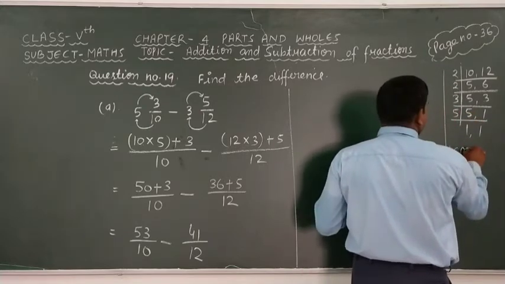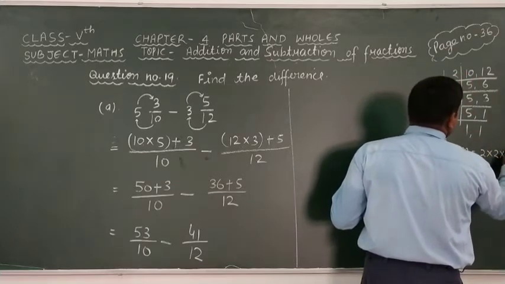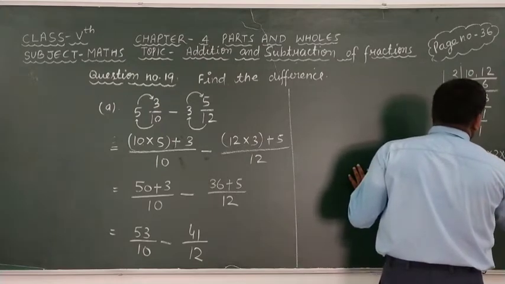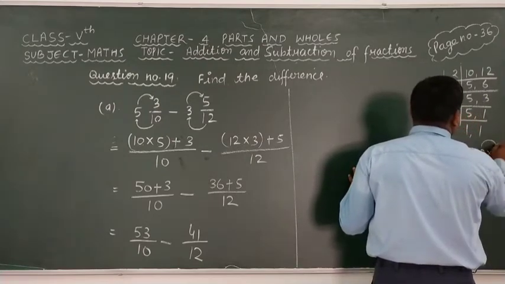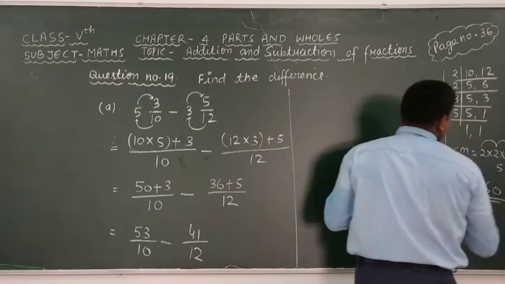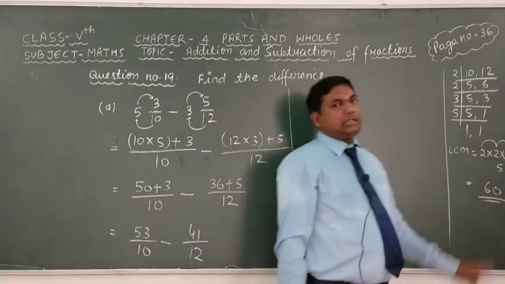Then LCM is equal to 2 into 2 into 3 into 5: 2 2s are 4, 4 3s are 12, 12 5s are 60.